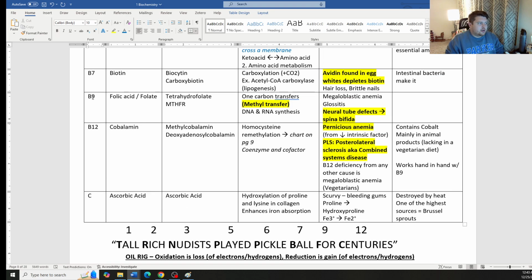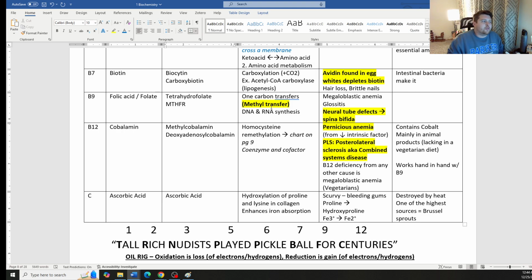Besides thiamine, however you want to pronounce it, B9 and B12 are the most commonly asked. So B9 is our folic acid or folate. Active form is tetrahydrofolate, or methylated tetrahydrofolate, made by the MTHFR enzyme, a very commonly mutated gene in many people.